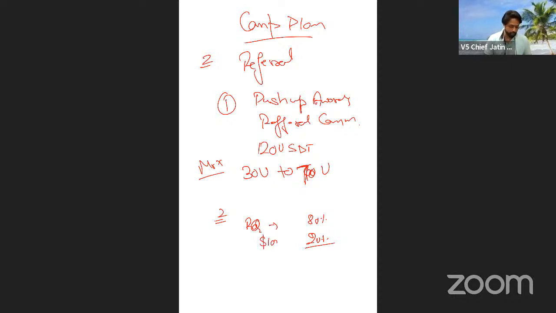If it generates $100 profit for you, it will give you $80 and deduct $20. Out of this $20, you will be given from $4 to $12. So you will be earning from his trading as well.